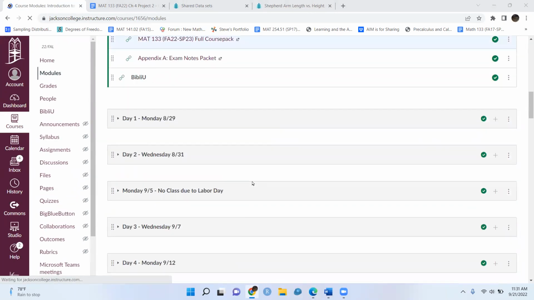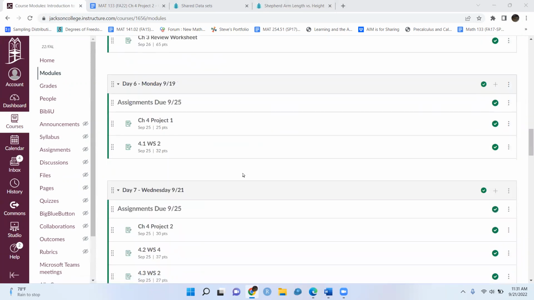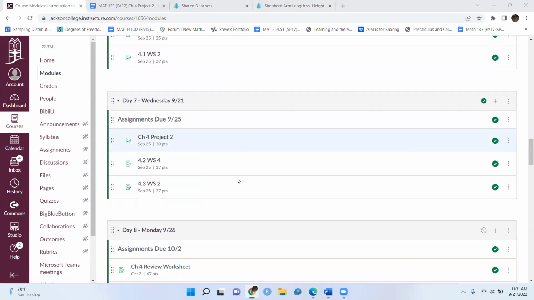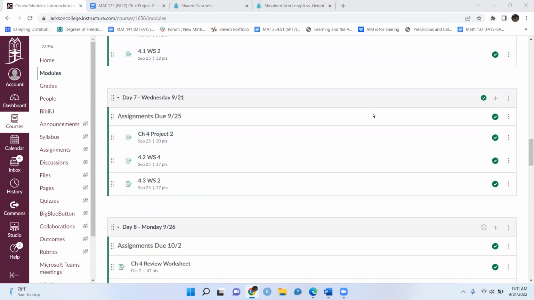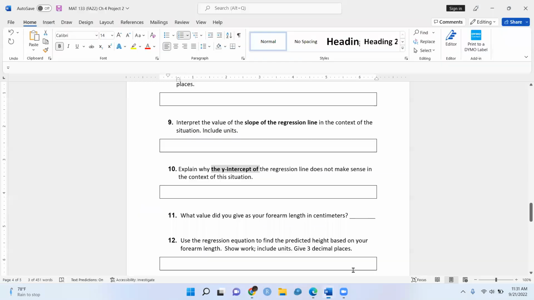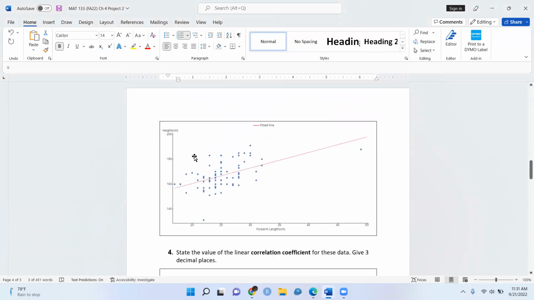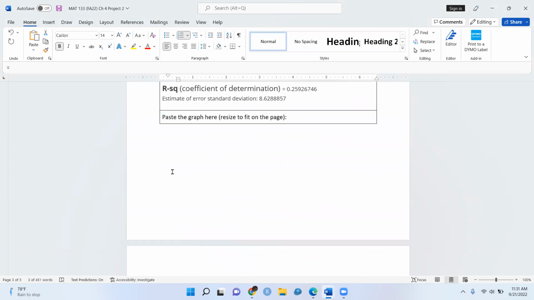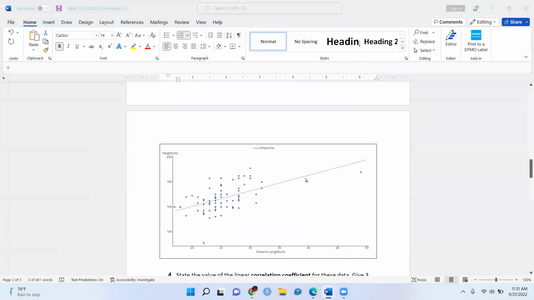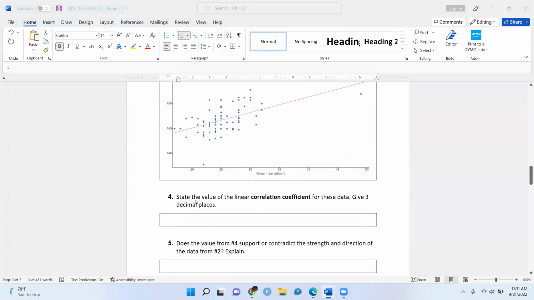Just a second, Brianna. Let me look at this before I forget, and then I'll answer that. 4.1 worksheet number 4. Okay, so back in number 3, once you've got the graph there, you're then just stating the value of the linear correlation coefficient with 3 decimal places.